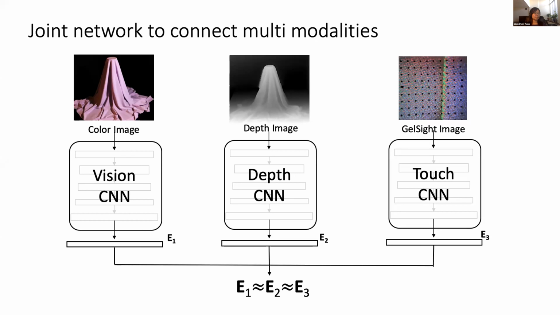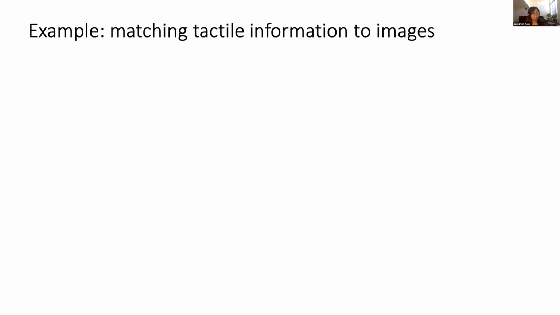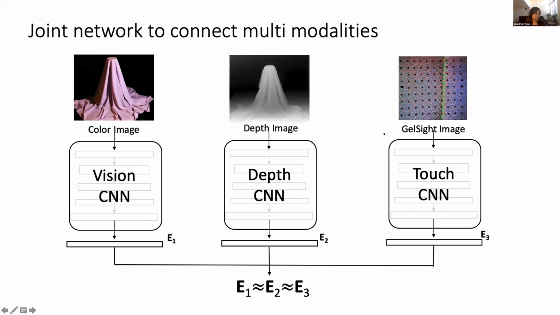And since the three of them are from the same material, we expect this description of the property to be the same. So we train these neural networks jointly and make sure that as long as the data is from one piece of material, the descriptor vector shall be the same.